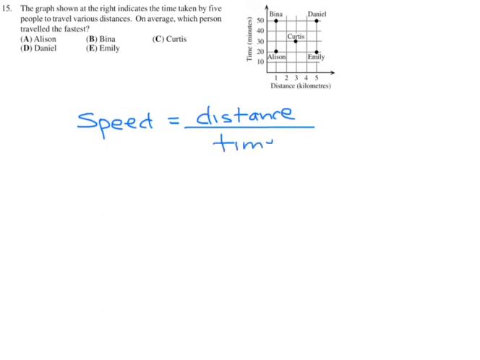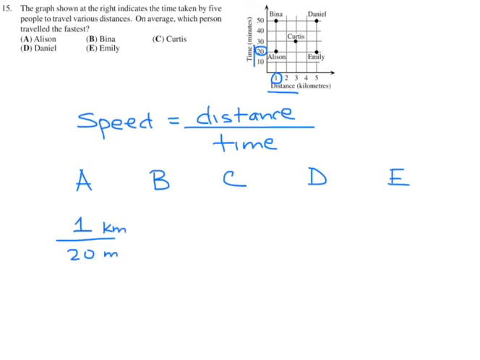And that's what they've labeled in this diagram. Distance here, time there. So let's go through the 5 people and figure out the speed for each. So A is Allison. Her speed is distance, which is 1, over the time, which is 20. So 1 kilometer over 20 minutes.